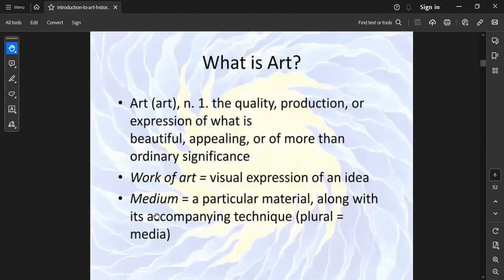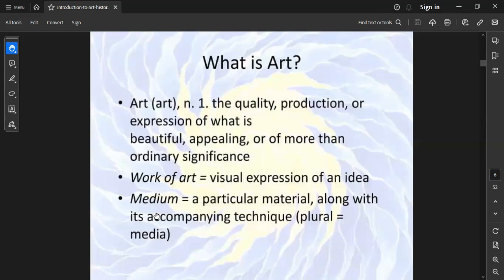Mainly, we can divide medium into aqua based transparent medium, and then we have the opaque media. Aqua based medium means watercolor, or there are certain other alcohol based colors which are again transparent. Like the Copic markers or the alcoholic markers, which give you a very similar outlook to watercolor; they are again transparent.